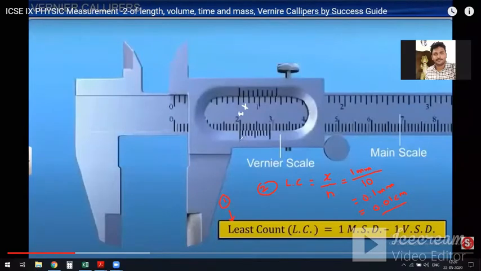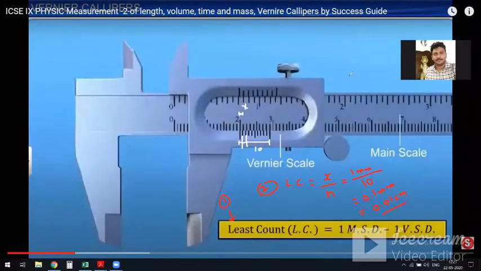And the number of divisions, you can see here, count on Vernier scale: this is 1, then 2, like this if you continue, 3, 4, 5, 6, 7, 8, 9, 10. So here how many divisions are there? Total 10 divisions are made on Vernier, and that's why they are doing x by n, that is 1 mm by 10, and your answer is 0.01 centimeter.